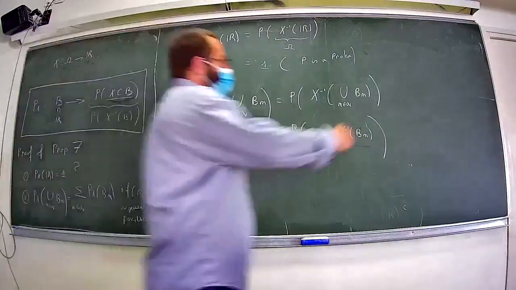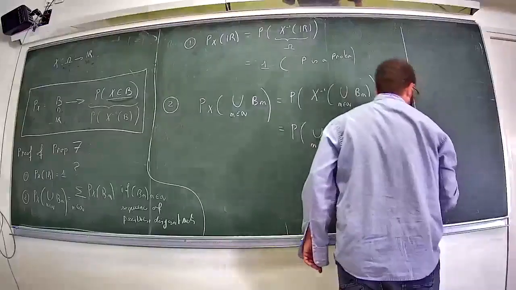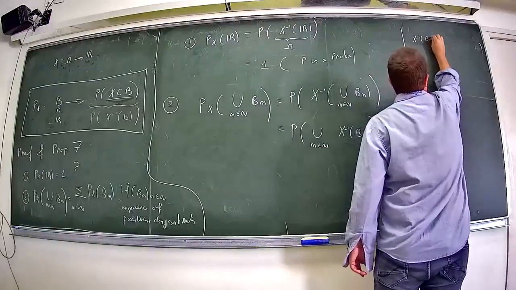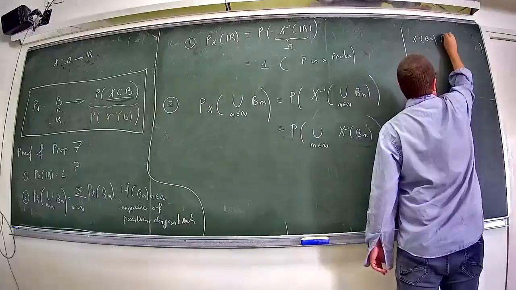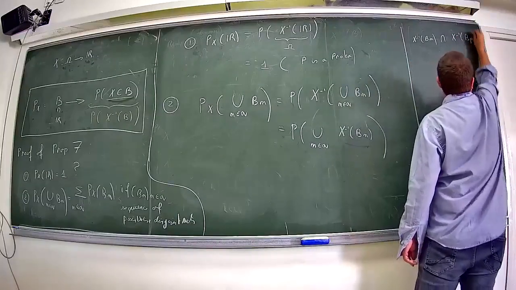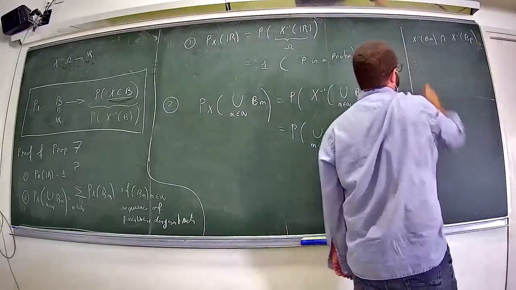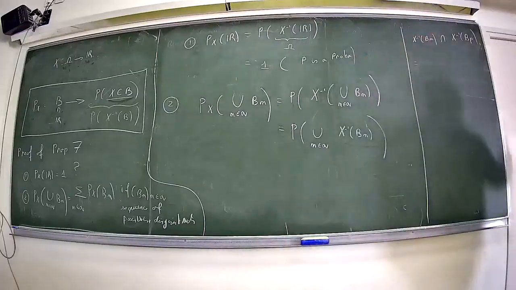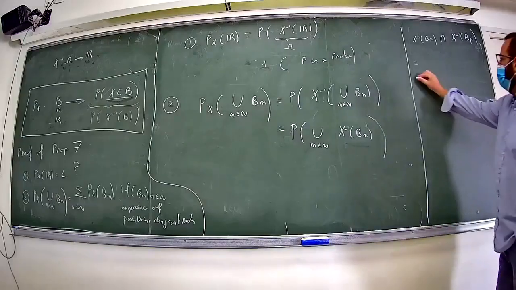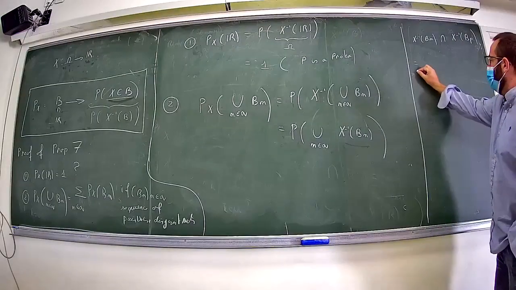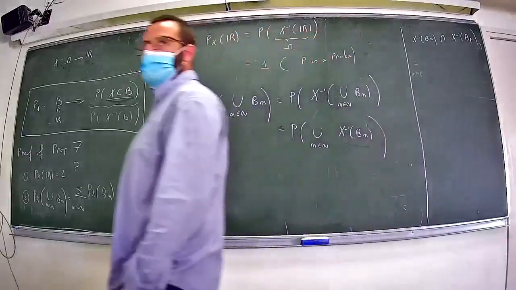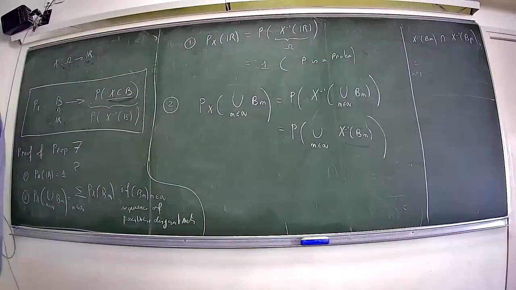To prove that they are pairwise disjoint, I take the pre-image of Bn and do the intersection with the pre-image of another one that I call Bp. I know that Bn is a sequence of pairwise disjoint sets. That is, if n is different from p, Bn intersected with Bp is equal to the empty set, because Bn is a sequence of pairwise disjoint sets.